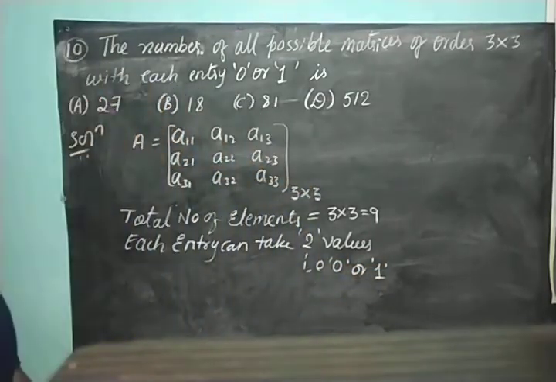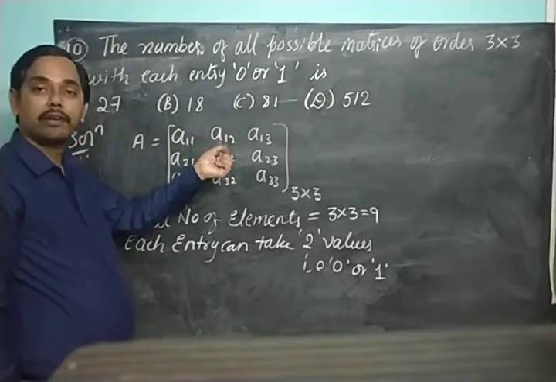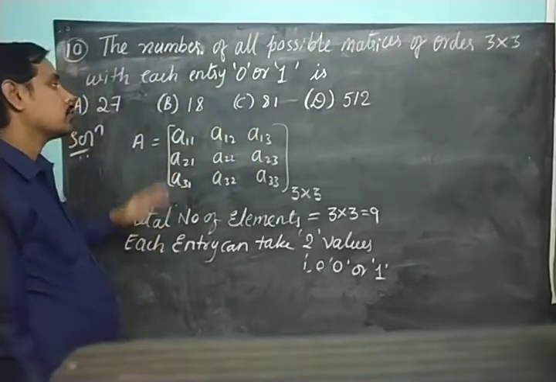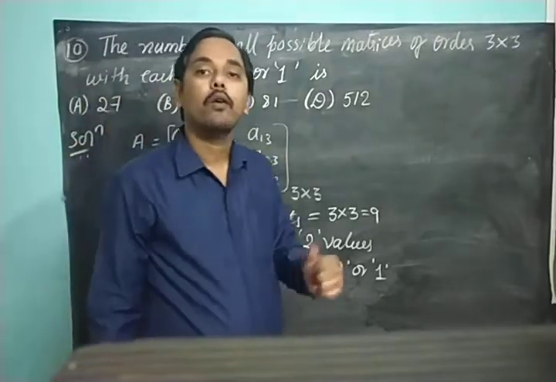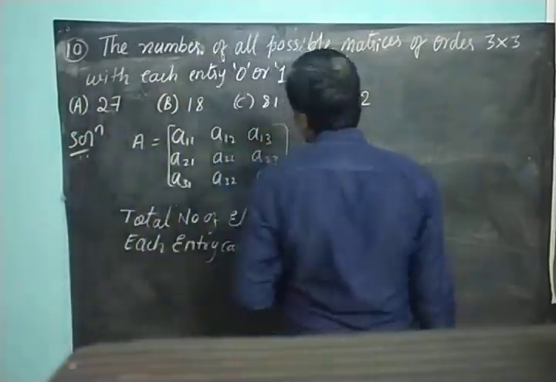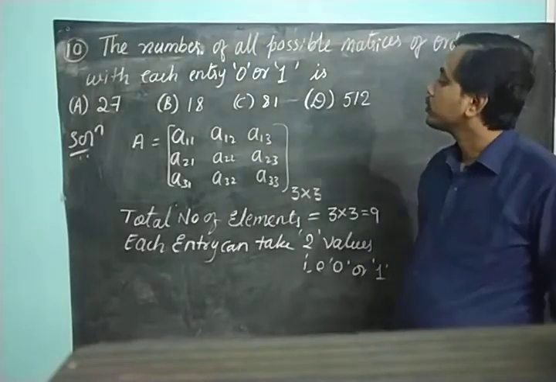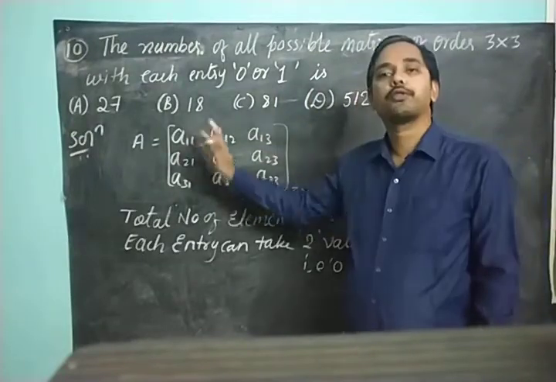So in A11 I can place 0 or 1, in A12 I can place 0 or 1, in A13 I can place 0 or 1. So all 9 elements can take the value 0 or 1. Then how many matrices are possible? It is not compulsory that if A11 is 0, all the values should be 0.